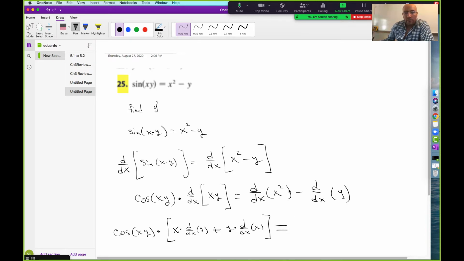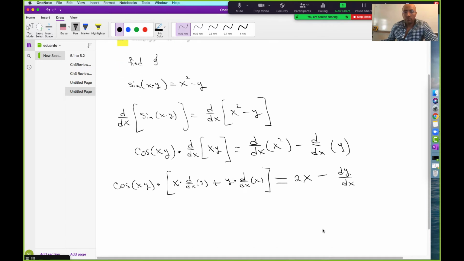Equals, and then on the other side, the derivative with respect to x of x squared is going to be 2x. And the derivative with respect to x of y, well, we don't know what that is, since this is a different function. So this is just going to be dy dx. Here, this is also dy dx.